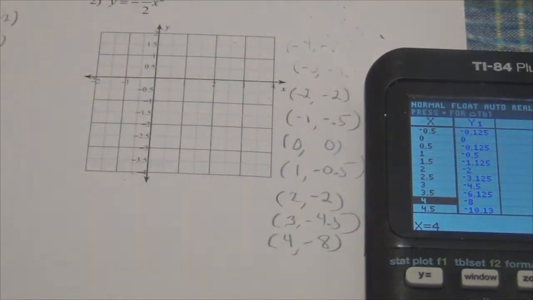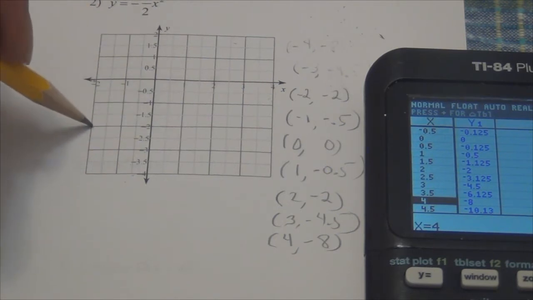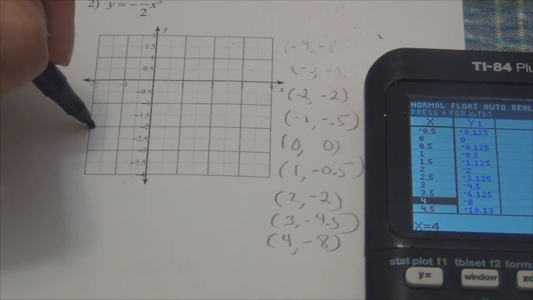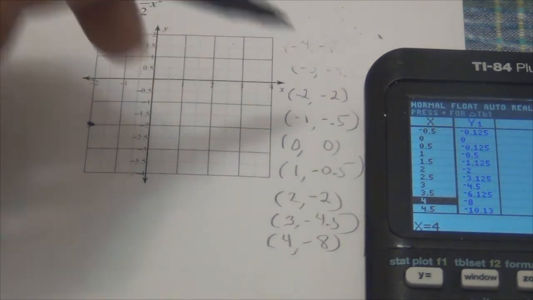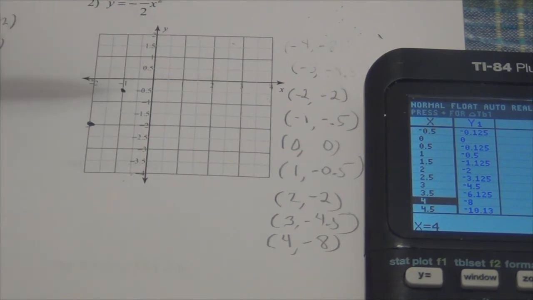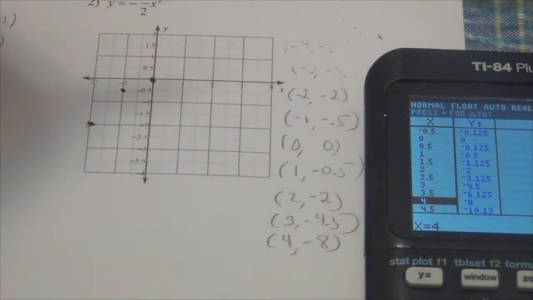Let's continue with this. All right, let's graph them. Negative 2, negative 2. Then negative 1, negative 0.5. 0, 0. 1, negative 0.5.